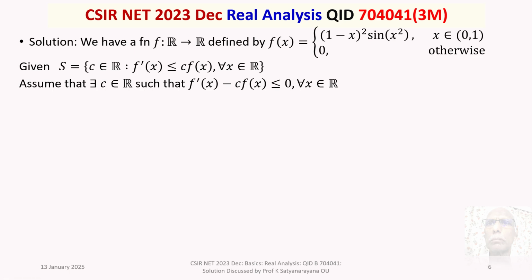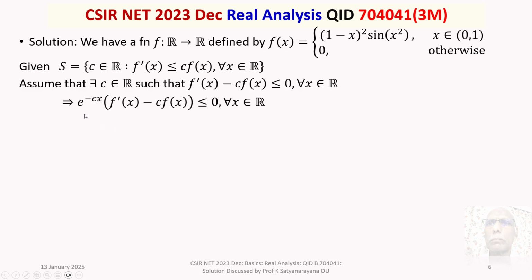Now, we multiply throughout by e power minus Cx. That will imply e power minus Cx multiplied by (f prime x minus C times f of x) is less than or equal to 0 for all x belongs to R. Note down, f prime x minus C times f of x is not a perfect differential.